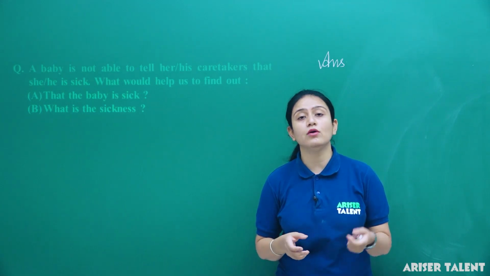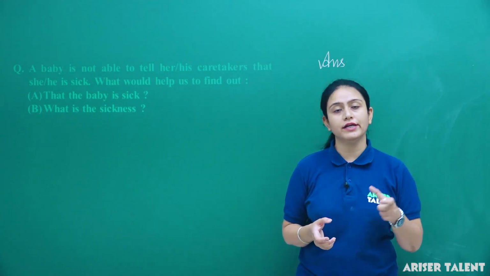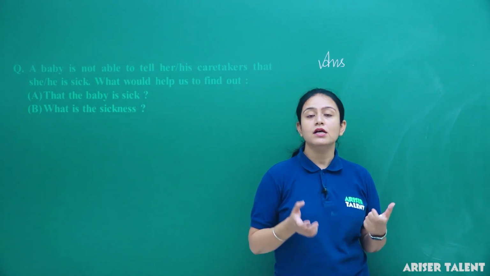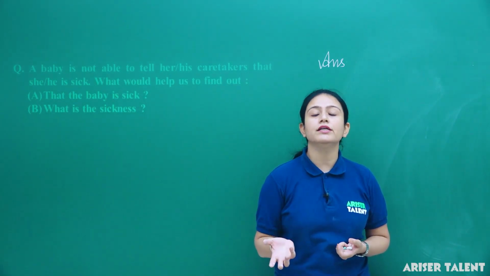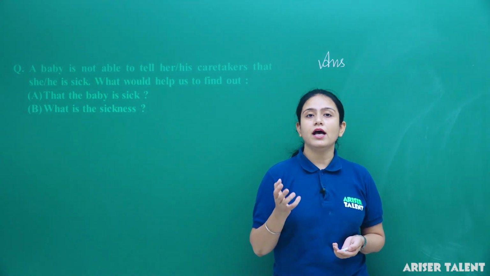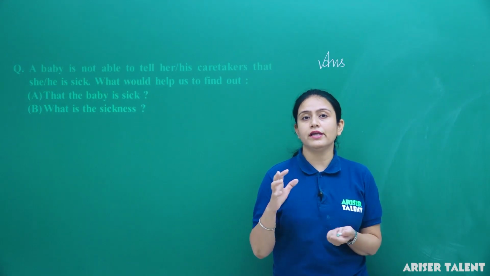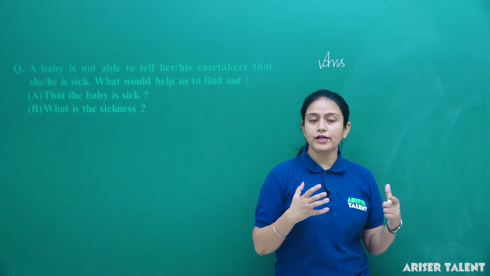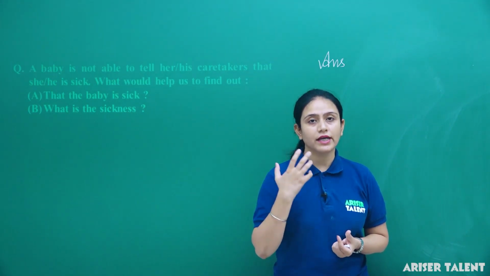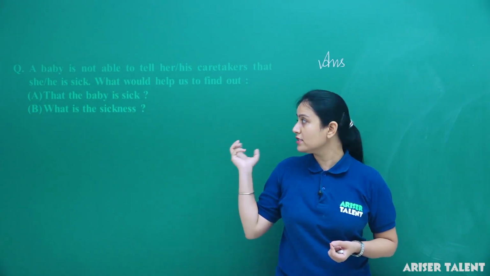So how will the caretaker identify that the child is actually suffering from some disease? If the child is crying continuously, feeling restless, not taking the proper diet, and the body temperature is high, then these are the symptoms by which a caretaker can identify that the child is sick.